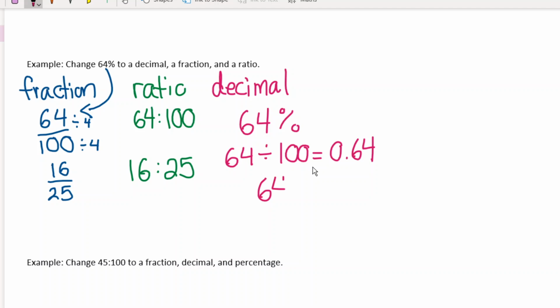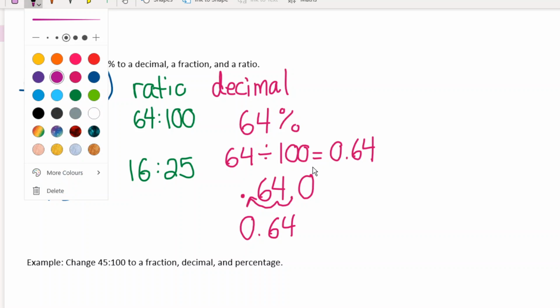When we divide by 100, we can also take the number, and remember that this is the same thing as 64.0, and we can move the decimal point 2 spaces to the left, which gives us the same thing, 0.64. So you have 2 ways to do this one.